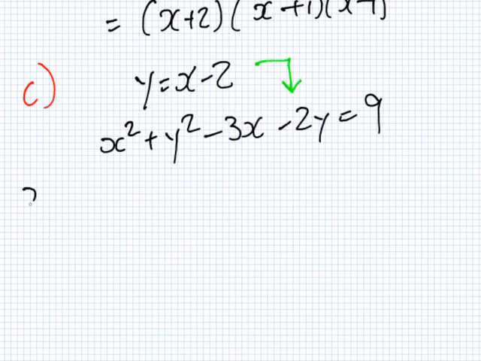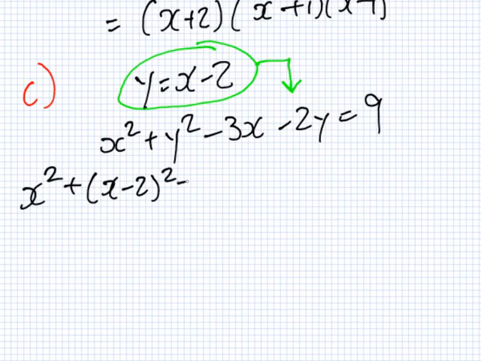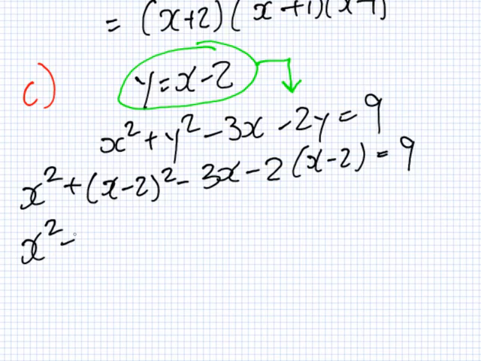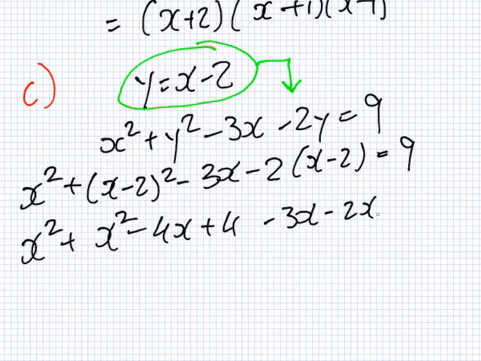So we get x squared plus, and they were nice enough to give us it in this form, x squared plus y squared minus 3x minus 2y equals 9. Yeah? Okay so far? X squared plus x squared minus 4x plus 4 minus 3x minus 2x plus 4 equals 9 when you expand.